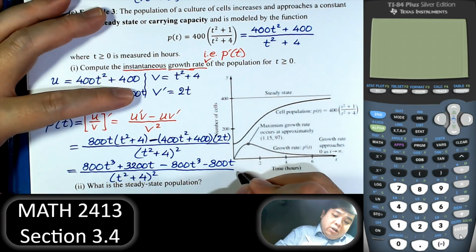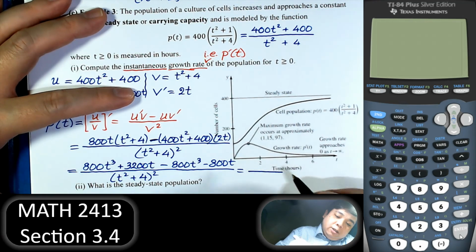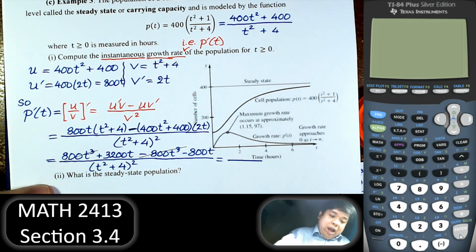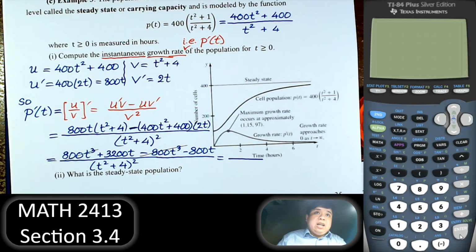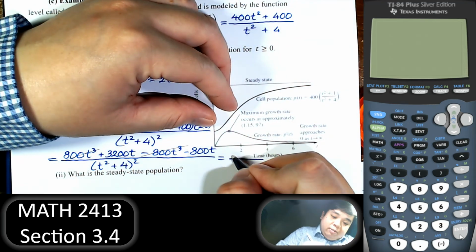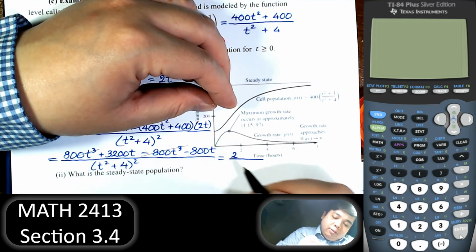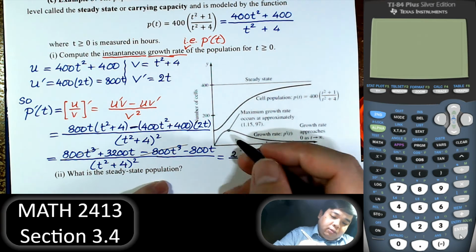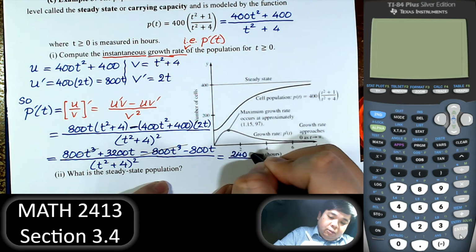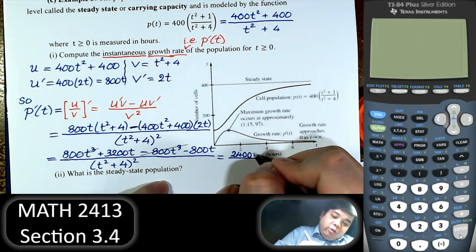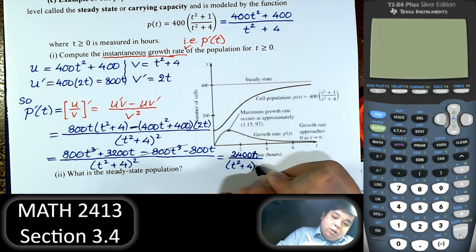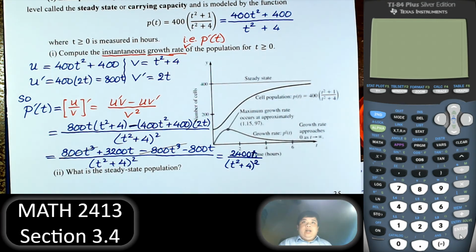Now combine like terms on the top. Those cancel out. The 3200 minus 800 is 2400. So 2400t over (t squared plus 4) squared.